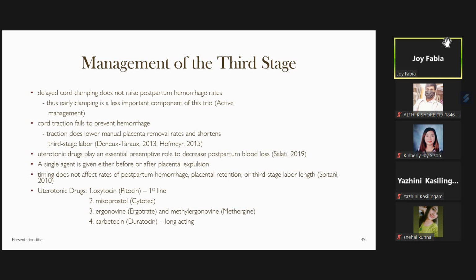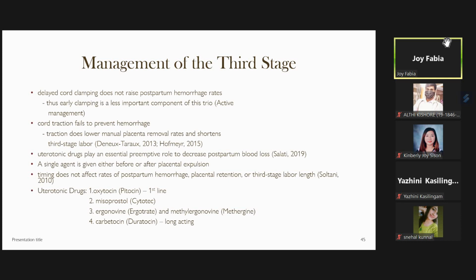Kung medyo mataba pa yung placenta, then medyo nahihirapang ma-expel yung placenta. So sometimes I give the uterotonics after the placental expulsion. Pero that is a case-to-case basis. Depende na lang when you practice na lang. So timing does not affect the rates of postpartum hemorrhage, placental retention, or third stage labor length.